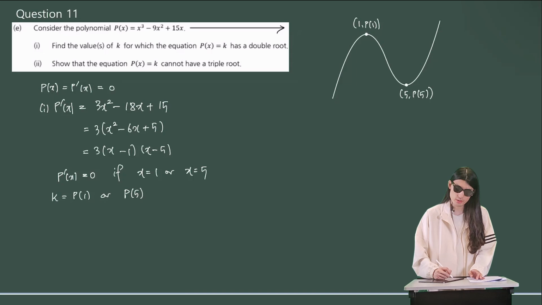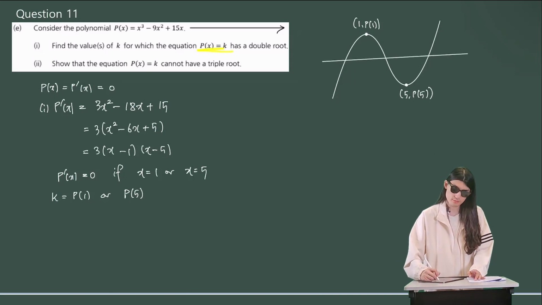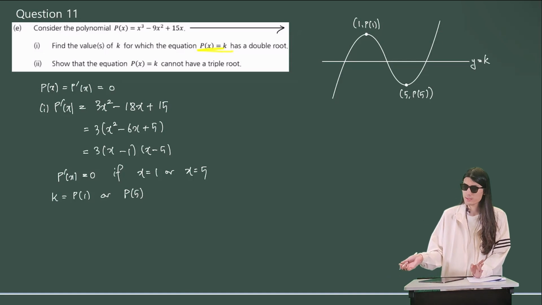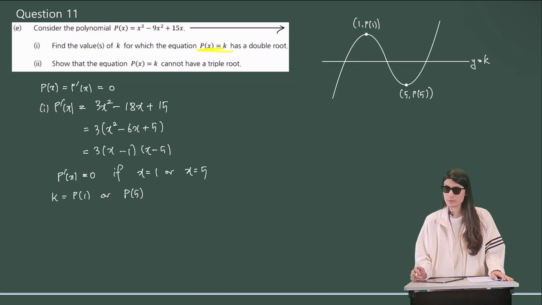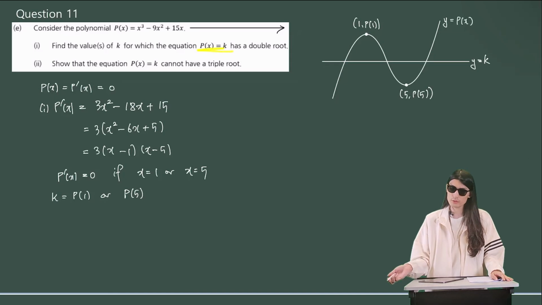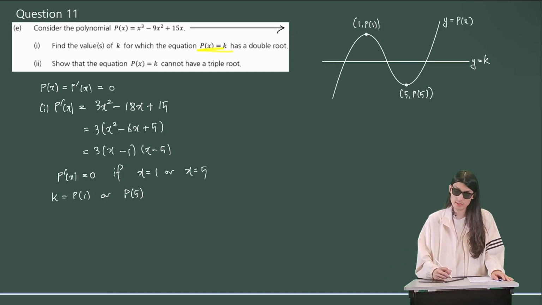And this equation on the graph which I drew is represented as the intersection of the horizontal line y equals to k, right? And the graph of the cubic polynomial y equals to p(x), isn't it, right?